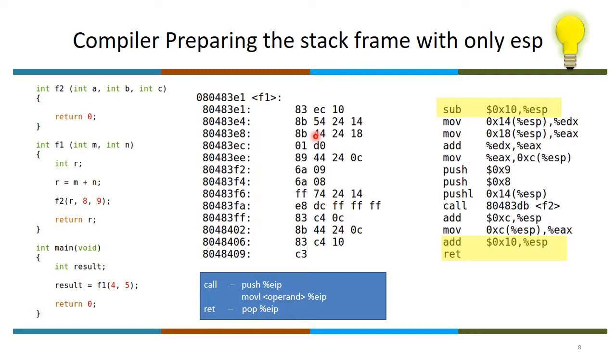And then the execution follows. When the return instruction is executed, the processor provides this operation pop EIP. That means the return address which is stored as part of the call instruction is again popped back into the EIP so that the execution resumes from the calling function.